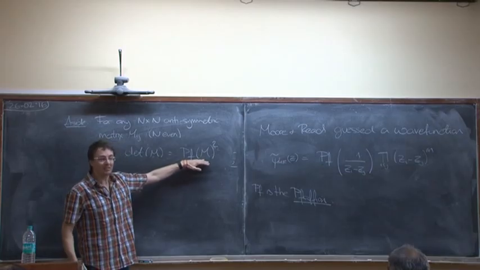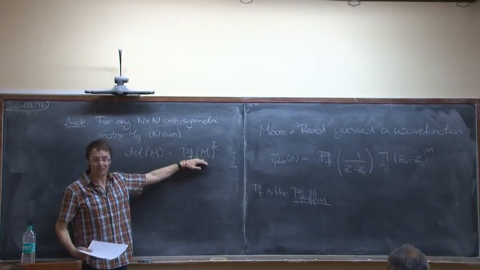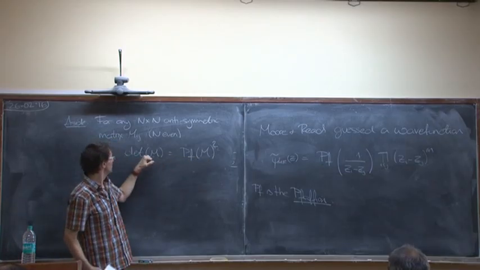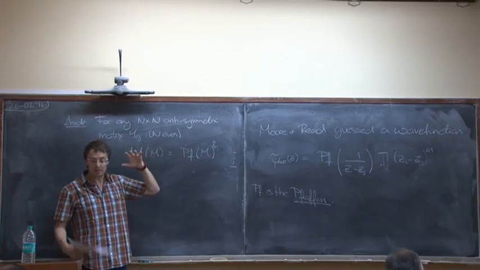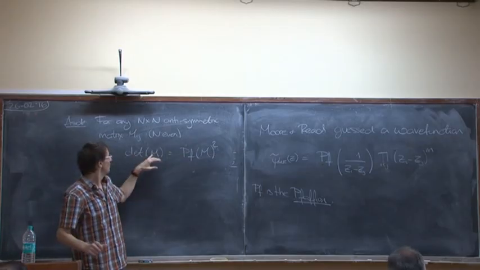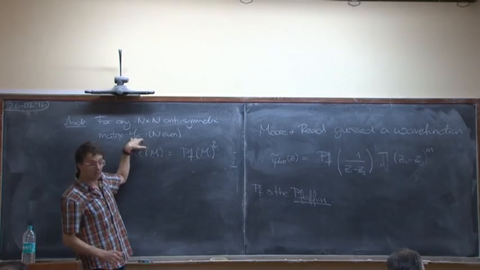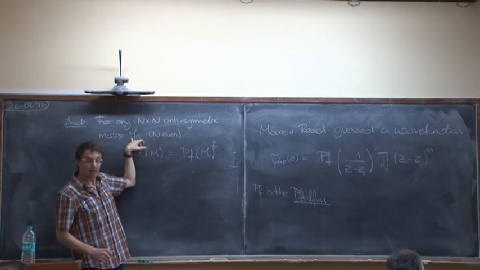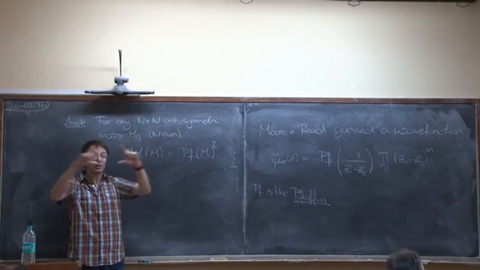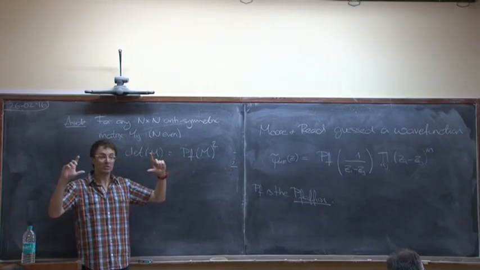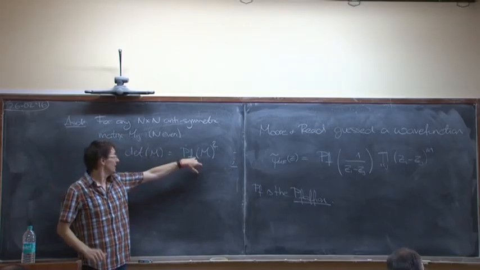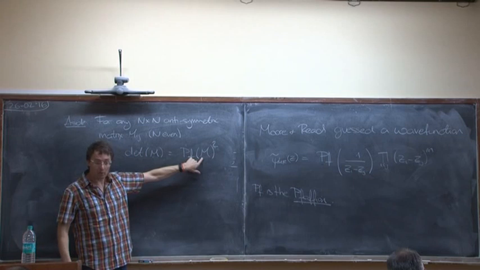What this means is the determinant of M will always be a square. The determinant of M is always a polynomial in the elements of M, but it will always be a square of another polynomial with integer coefficients. And that object, which is the square root of the determinant, is called the Pfaffian.